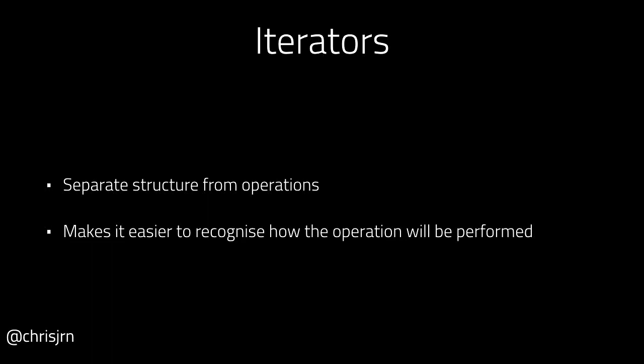So in this case, iterators separate the structure of the collection from the operation that you want to perform on the elements, and it uses signals within the code to tell the reader exactly what is going on, and you don't have to worry about the whole encapsulation of classes, which is actually something that Python makes quite difficult to do, at least compared with Java.